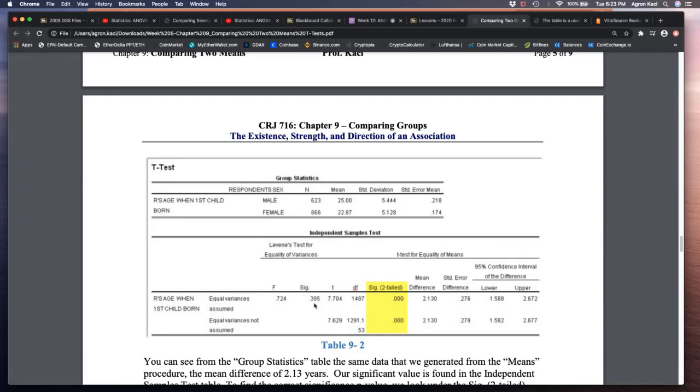If this p-value was smaller than 0.05, then you reject the hypothesis of equal variances, therefore equal variances are not assumed, and then you look at the second line. All right, so if it's greater, look at the first line. If it's smaller, look at the second. And then you look at the p-value. This is the most important p-value here, because this is the p-value of your initial hypothesis. Does it make sense?